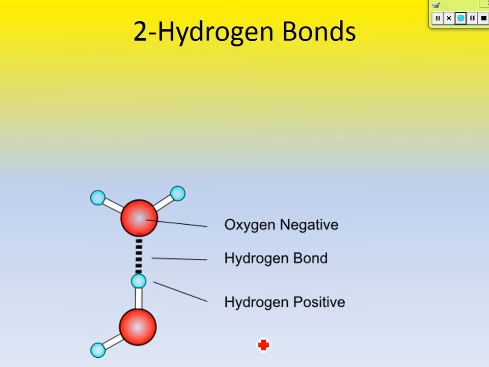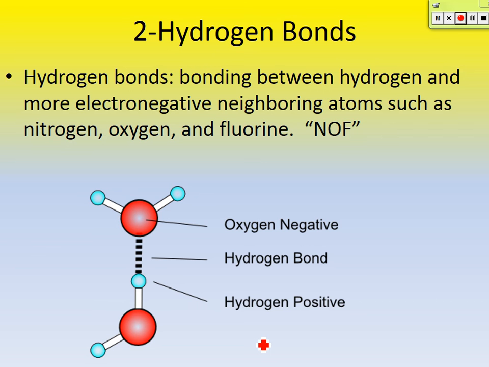The second intermolecular force that we're going to learn about is called hydrogen bonds. You're supposed to write down something here in the definition, so let's go over it. Hydrogen bonds is bonding between hydrogen. Obviously, the name has hydrogen in it, so you've got to have a hydrogen and a more electronegative neighboring atom, such as nitrogen, oxygen, and fluorine.